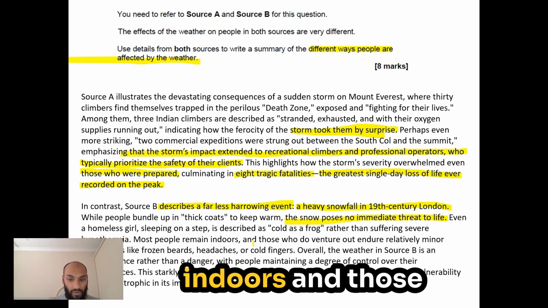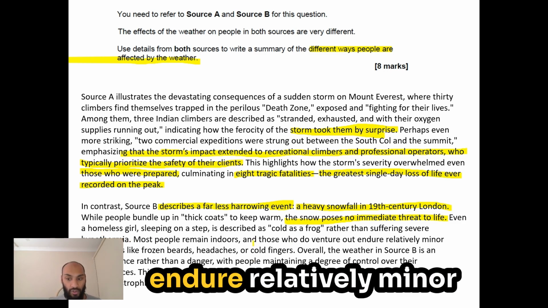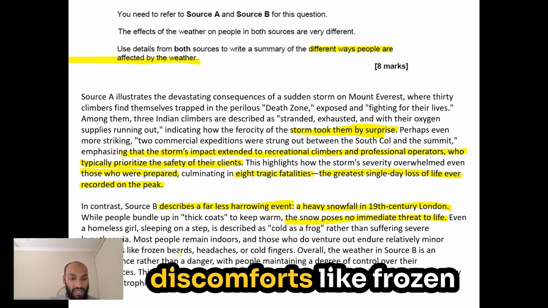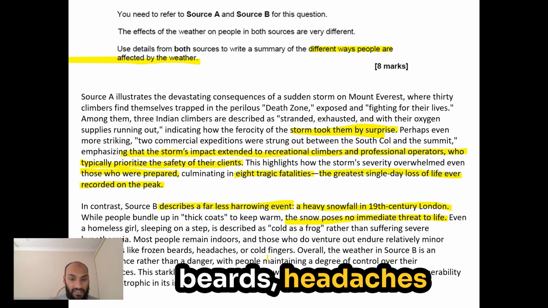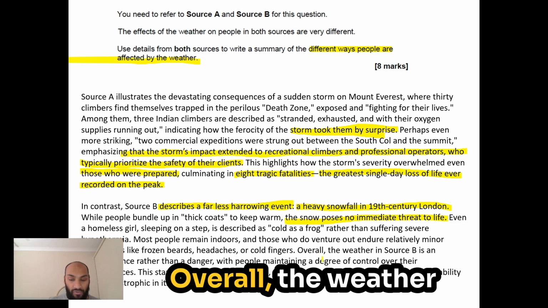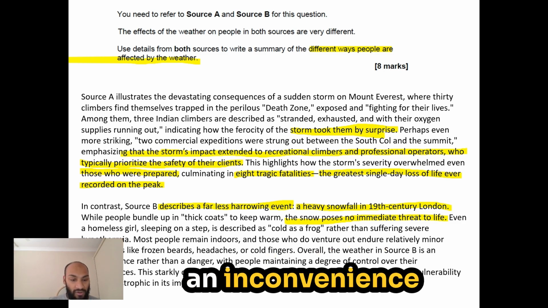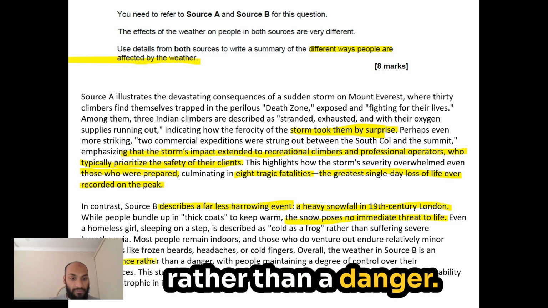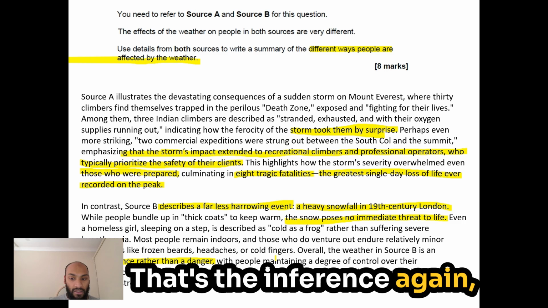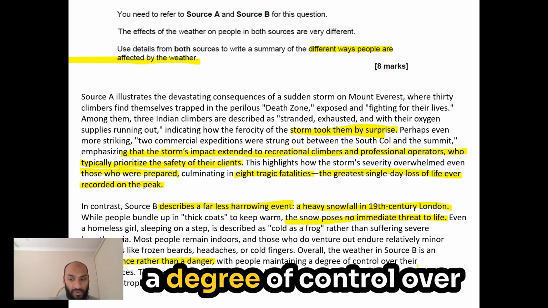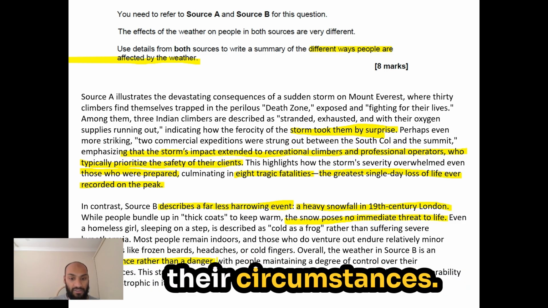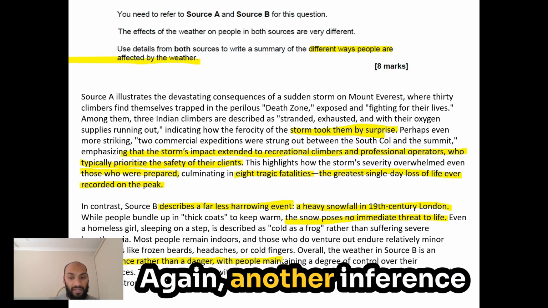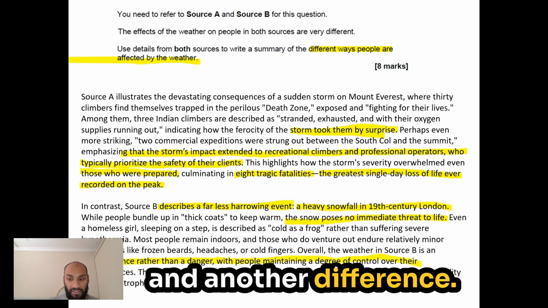Most people remain indoors, and those who do venture out endure relatively minor discomforts like frozen beards, headaches, or cold fingers. Overall, the weather in source B is an inconvenience rather than a danger. That's the inference again, with people maintaining a degree of control over their circumstances. Again, another inference and another difference.